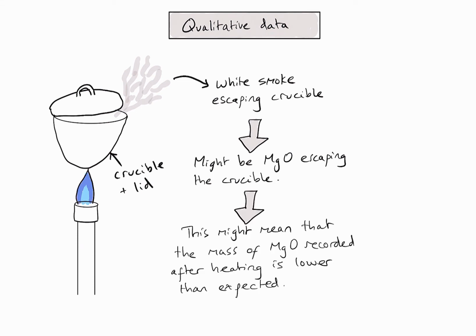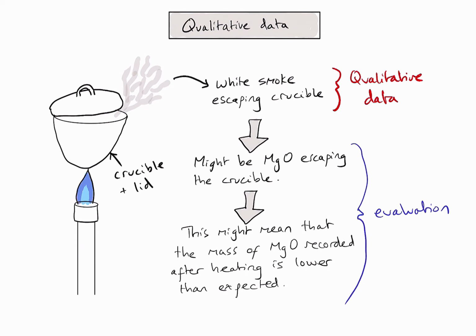And in an evaluation section, you'd be expected to explain how that might impact the final empirical formula that you calculate. Again, that first observation goes in my qualitative data section, and the explanation for how this indicates a source of error and the knock-on effects on your final calculations will go in the evaluation section.